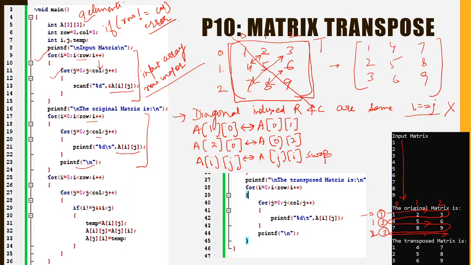This index a01 would be interchanged with a10. That should not be a problem, and this would be interchanged with this, so 7 would come here and 3 would come here.